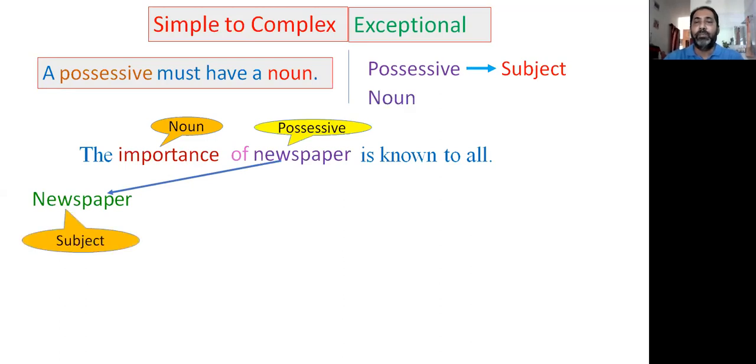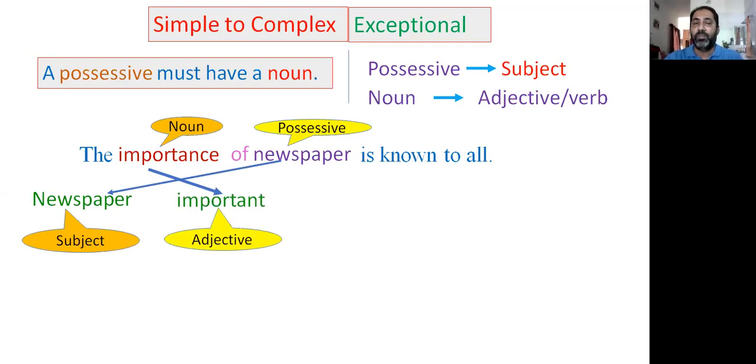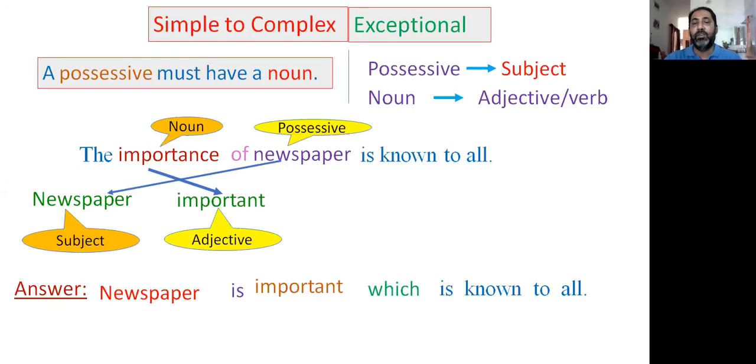Noun is importance; now the adjective is important. Now put a to be verb. Newspaper is important, which is known to all. I hope you have understood it easily.